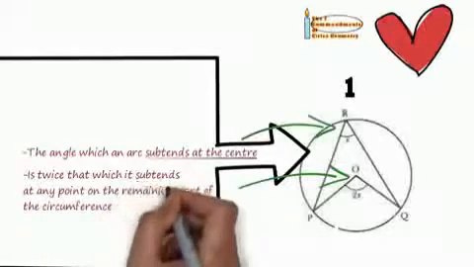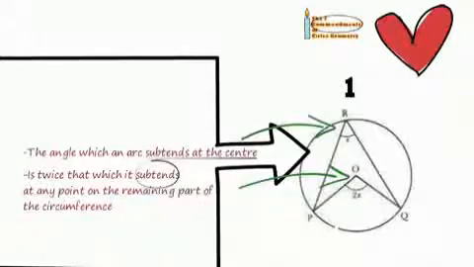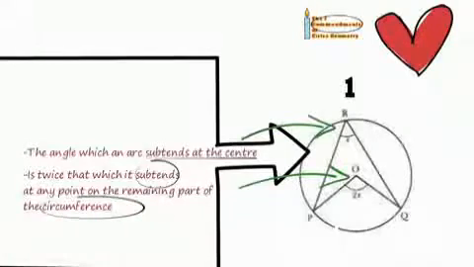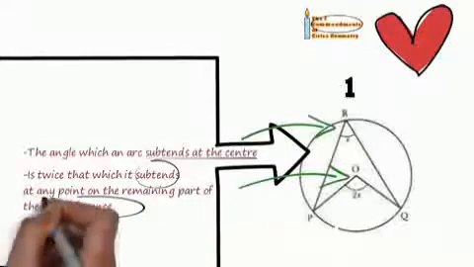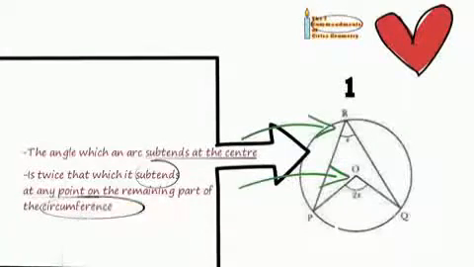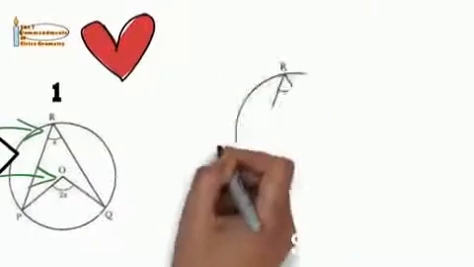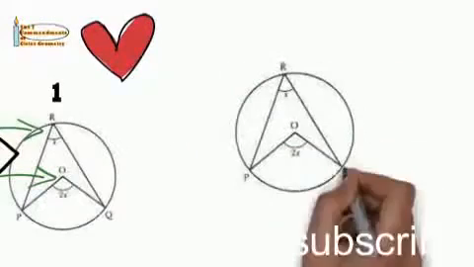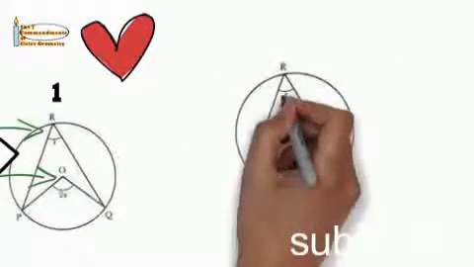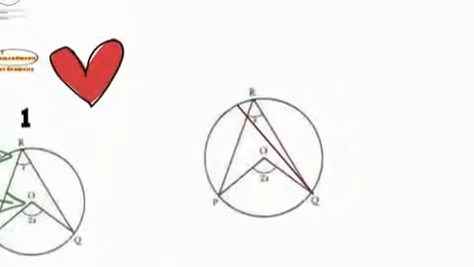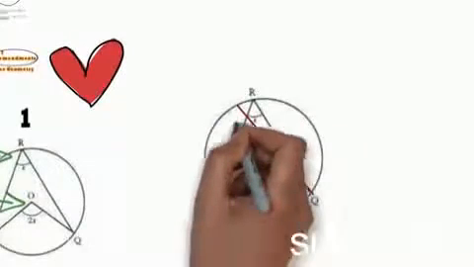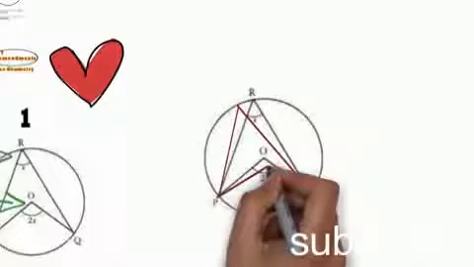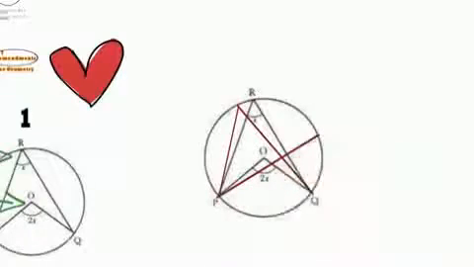So point R there, it's x, and point O, that's 2x. Angle at the center is twice the angle at the circumference. In short, angle at the center is twice the angle at the circumference. So this is the first theorem, and it has to be drawn like this. Now, since mathematics is about solving problems, sometimes they will draw it in a different way, just like the way I'm drawing there.